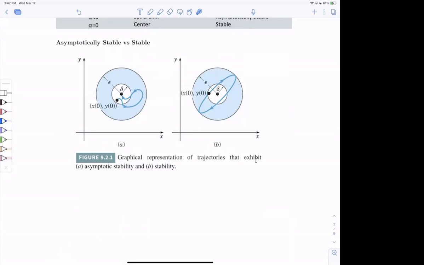Did they talk about the definition of stable and unstable? Or no? No? Not even a definition, like the limit definition?